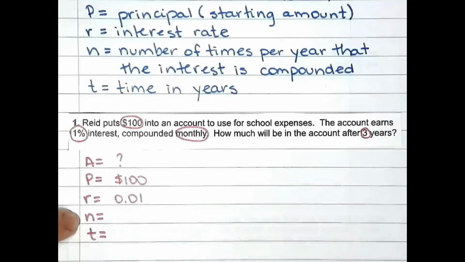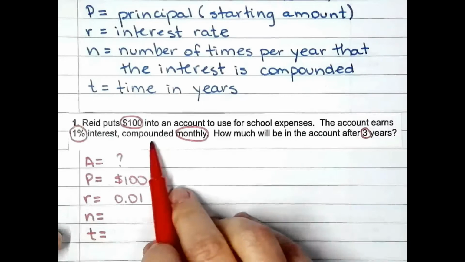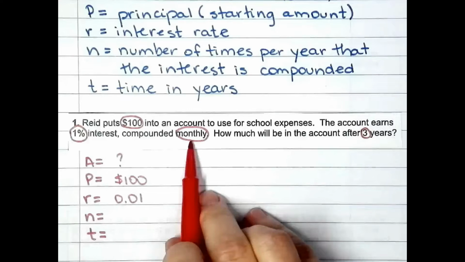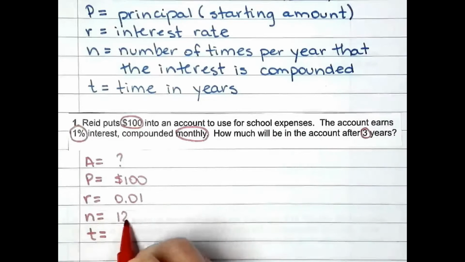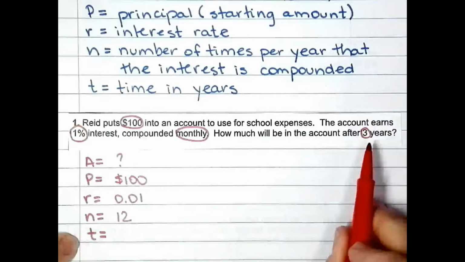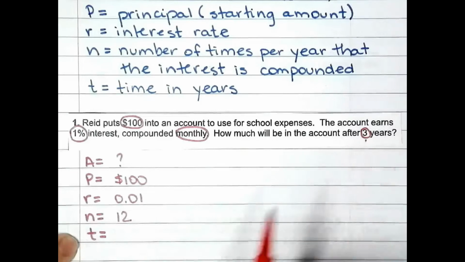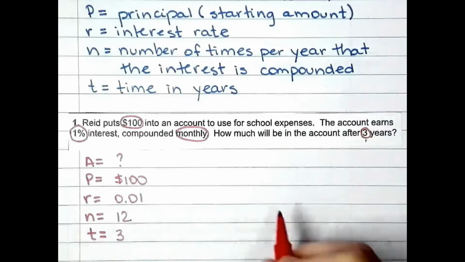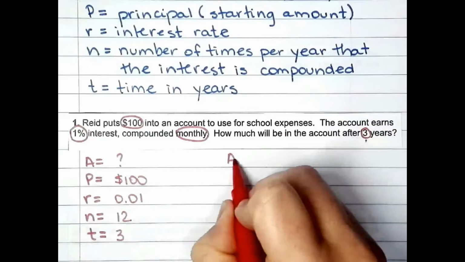N is the number of times that the interest is compounded. It says right here, compounded monthly, so 12 times in a year. T is the time in years, so easy, 3 right there. So refer back to the formula.